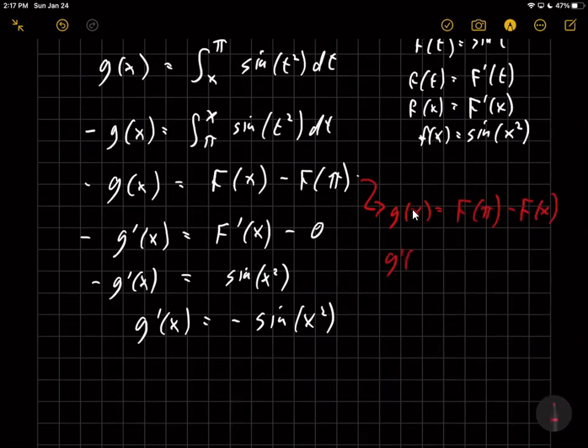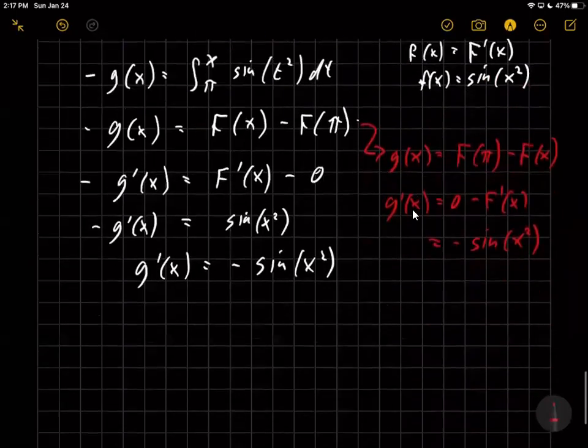So g prime of x is 0 minus f prime of x, which is negative sine of x squared. So when the variable is the lower limit, you're just going to get a negative thrown in, because we have that rule about flipping the limits. That would work nicely.